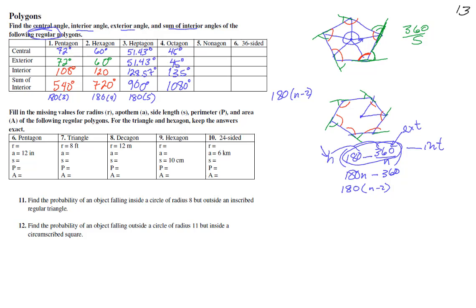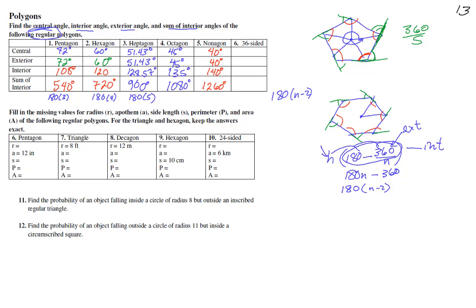All right, the next one, nonagon. So 360 divided by 9 is 40 degrees, so that's going to be there and there. Then it's 140 degrees for one interior angle, and then we multiply that by 9, and we get 1260. And notice that we're still going up by 180 degrees each time.